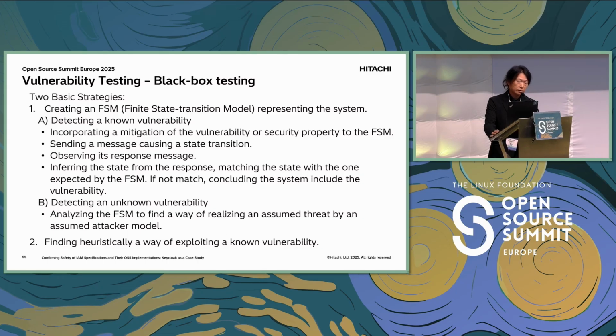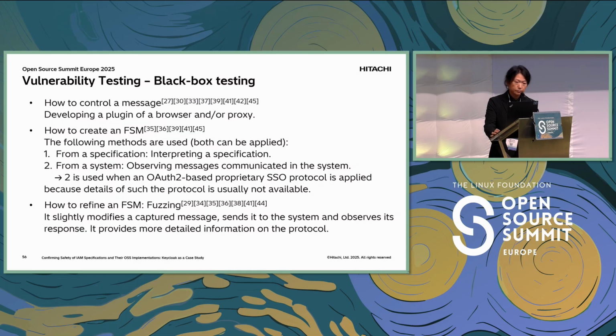Regarding detecting unknown vulnerabilities, they analyzed the FSM to find a way of an assumed threat by an assumed attacker model. So most of the research papers I investigated for vulnerability testing using the black box testing method developed a plugin of the browser or a proxy by themselves to control the message exchange between the entities in the system.